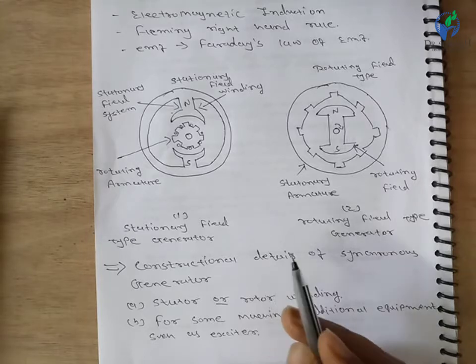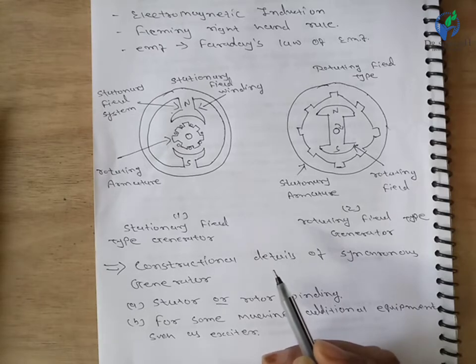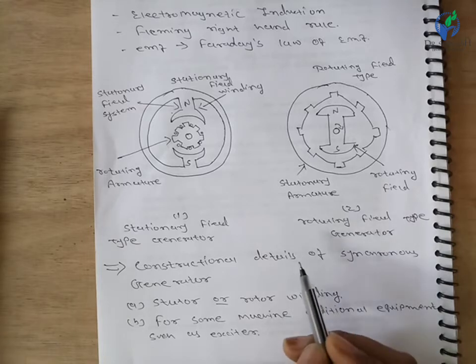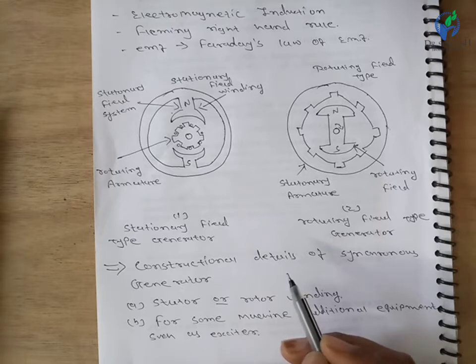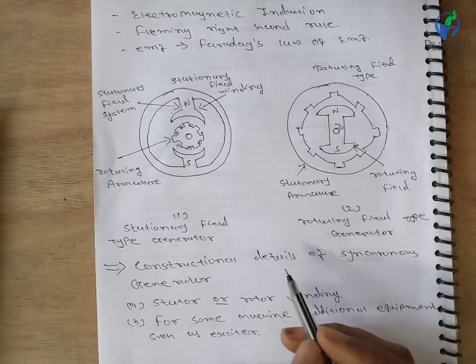The highest possible speed is 3000 rpm at a frequency of 50 Hz with the number of poles equal to 2, suitable for a steam turbine. Such a machine has a smaller diameter and a longer rotor, with horizontal mounting to reduce the centrifugal force and wear at the bearings.